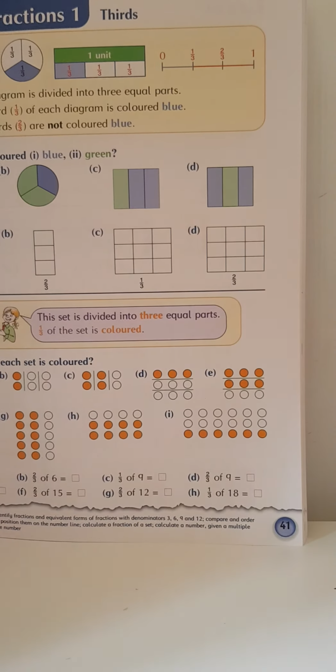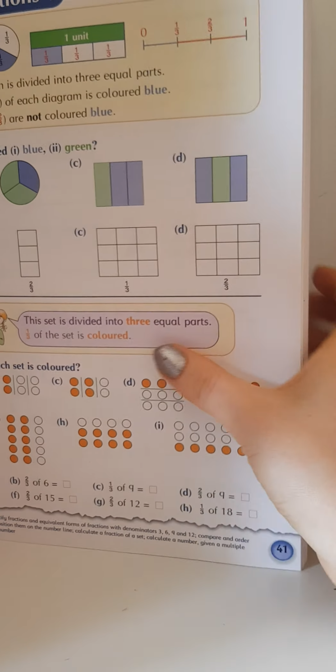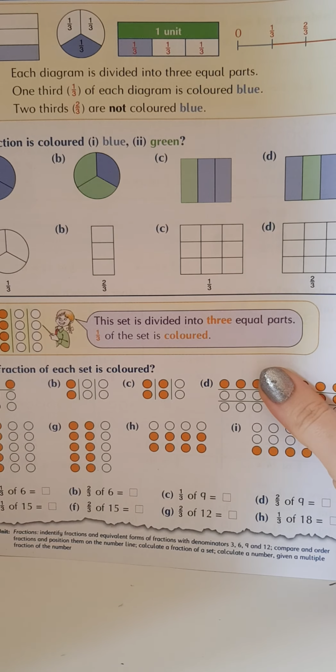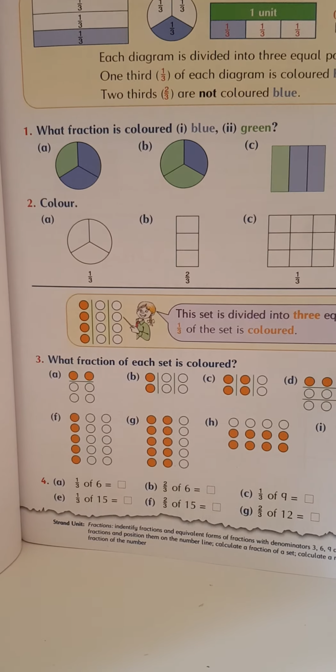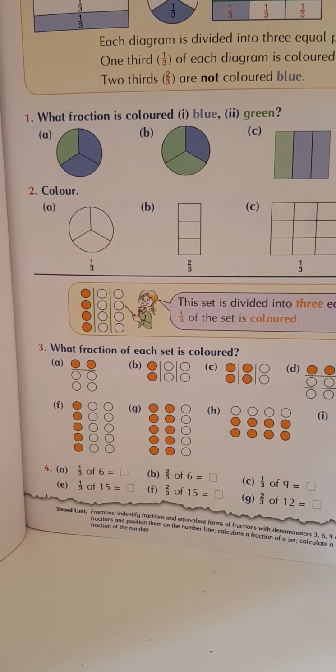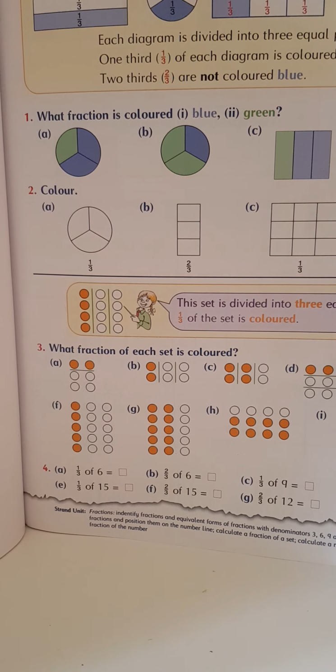Okay, so in your book we are starting on page 41 and we are starting with thirds. Question 1 says, what fraction is coloured part 1 blue and part 2 green?